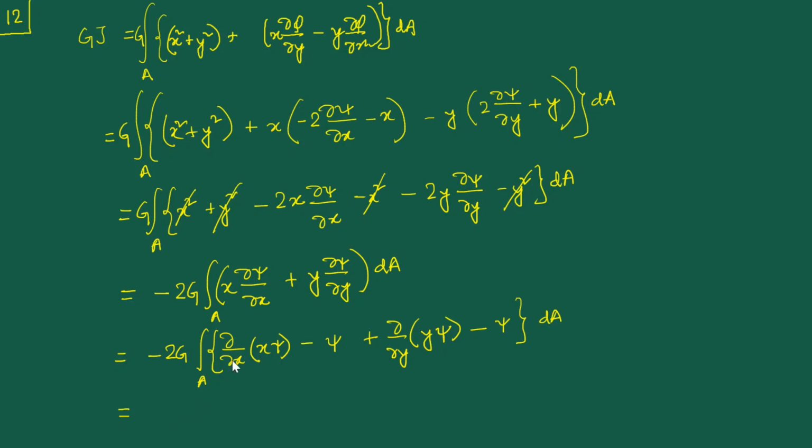Please note now that this particular combination, del x of something plus del y of something, is where we get to use the Green's theorem, so that considering this term and this term, what we are going to end up with is x psi n x plus y psi n y.